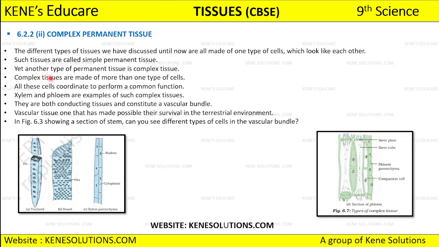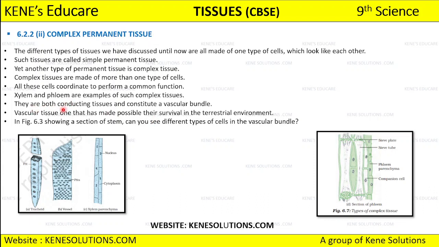Like, an example of complex tissue that we have is xylem and phloem. Now I have already told you that xylem conducts water to different parts of the plant and phloem conducts food to different parts of the plant. So they are also called vascular tissues of the plant, right? So xylem and phloem both are conducting tissues and they constitute a vascular bundle.